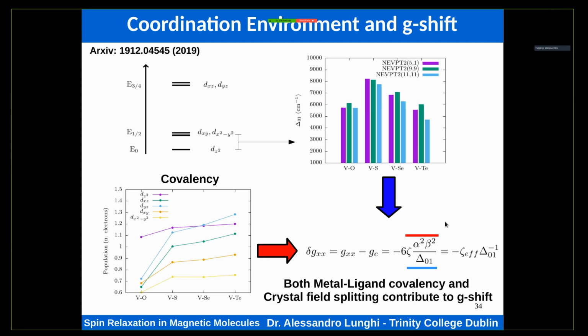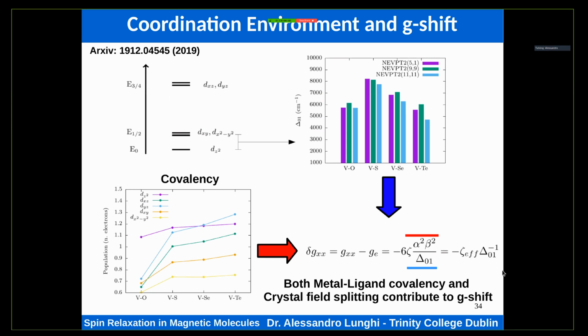From population analysis, we have seen that covalency increases across the series. And if you put these two pieces of information together, you can now interpret the trend of the g shift across the series. So now we have a relation for the g shift that contains quantities in a more chemistry-wise language, if you want.